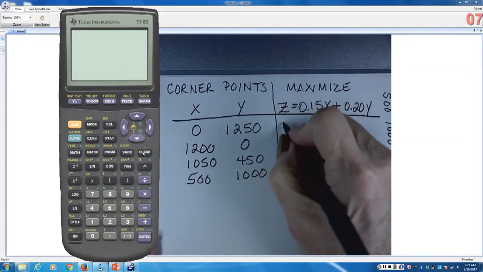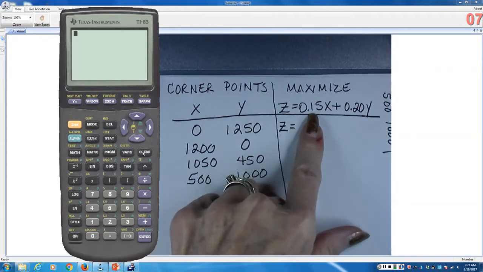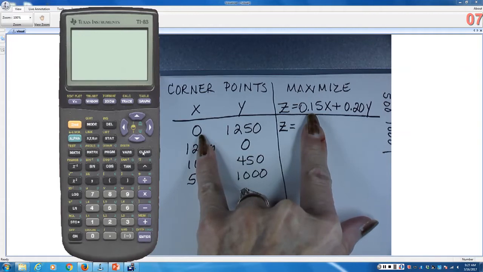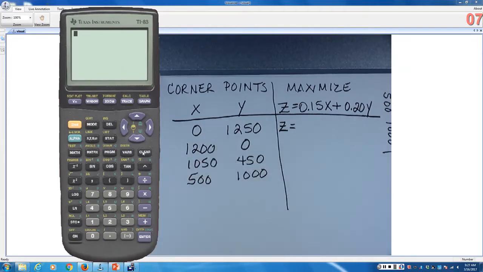So with the first z, we're going to have 0.15 times 0 plus 0.20 times 1250. And since we can do the 0 part in our head, I'm going to do the 0.20 times 1250. And that comes out to be $250.